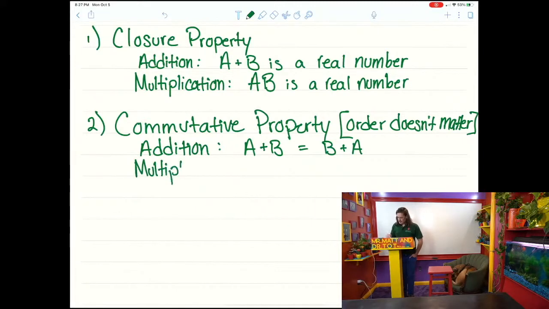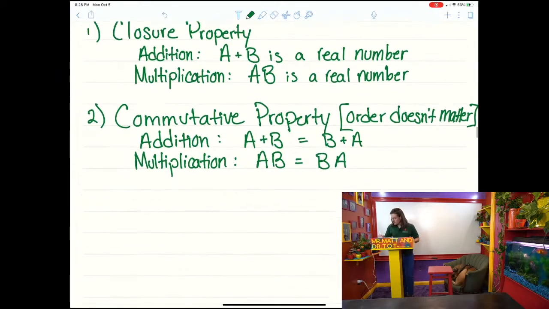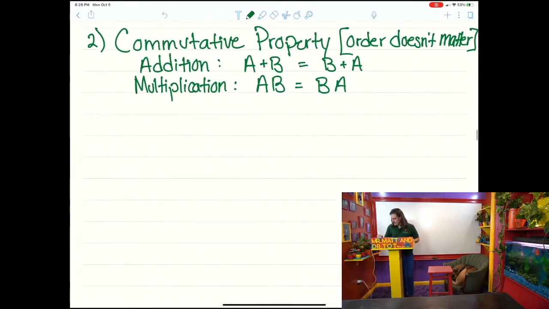Next, we have the associative property. And the associative property basically says that grouping does not matter with addition and multiplication.